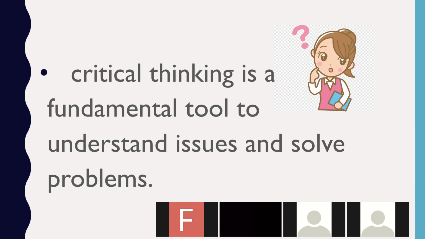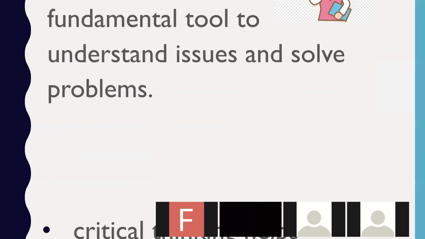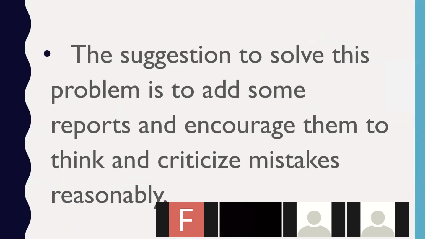Students must learn how to think critically, analyze written documents, and identify mistakes to avoid them in their writing. The solution is to add more reports and encourage students to think and criticize mistaken reasoning.